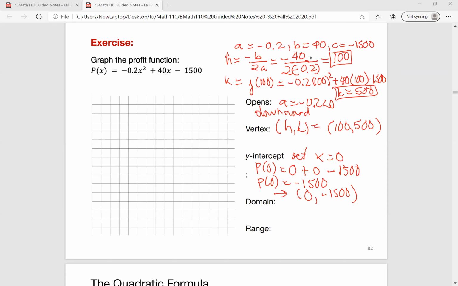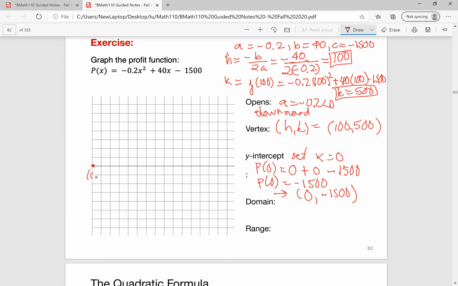Firstly, I would like to have maybe 0 in the middle here. This would be 0, 0, the origin here. And the vertex is 100 and 500.